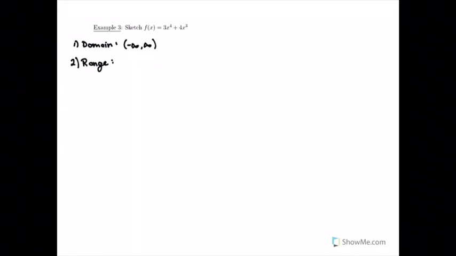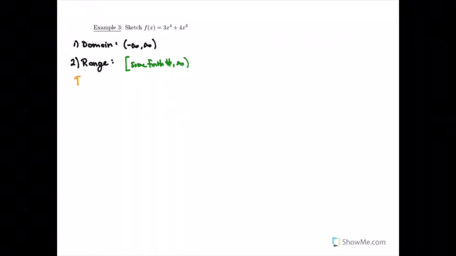Or possibly not. It's 3x to the 4th. So for the range, it's also, again, difficult to calculate. We do know that as x goes to infinity, y is going to go to infinity. It's going to be unbounded on the top, but it's not so clear on the bottom. As we plug in bigger or smaller numbers, the 3x to the 4th is going to dominate. This is going to be some finite number to infinity.